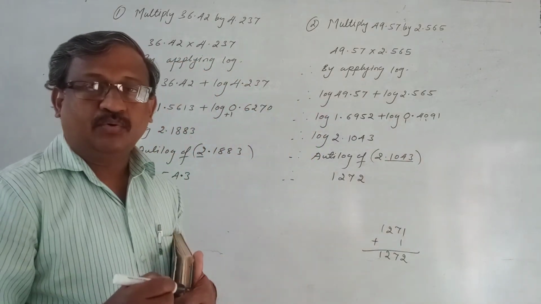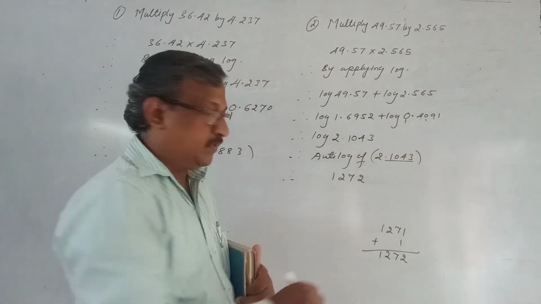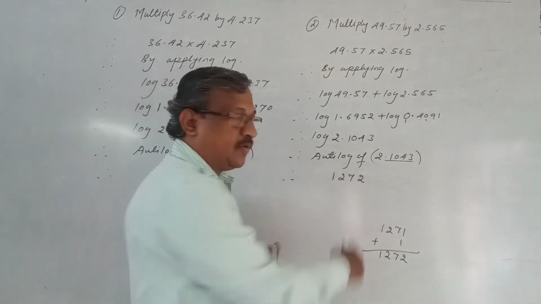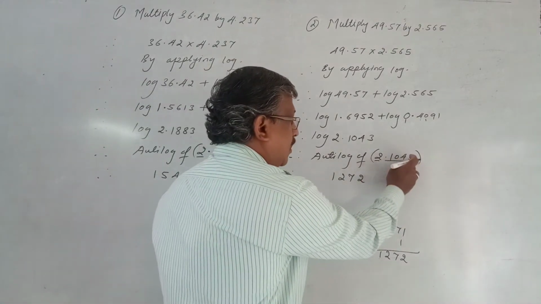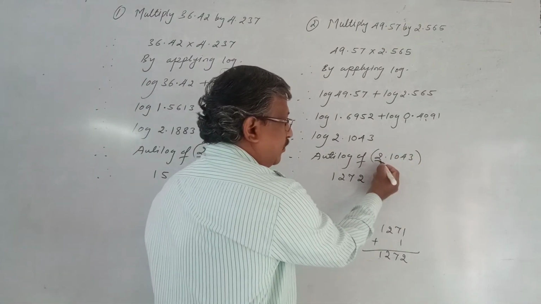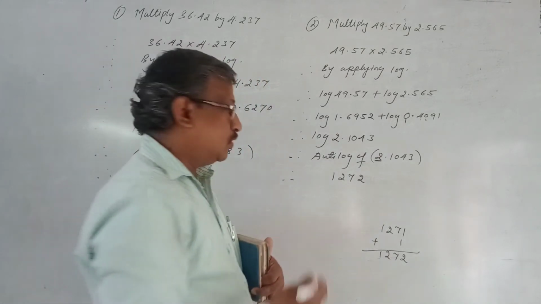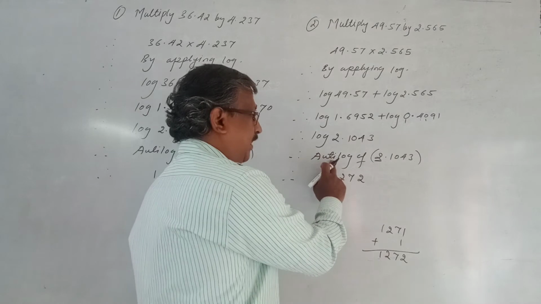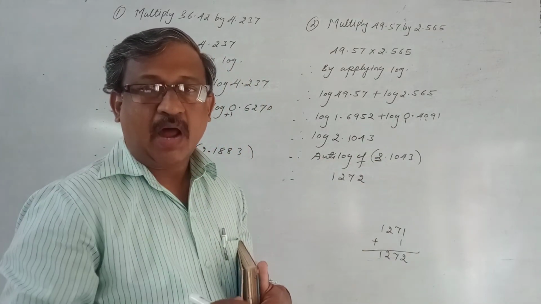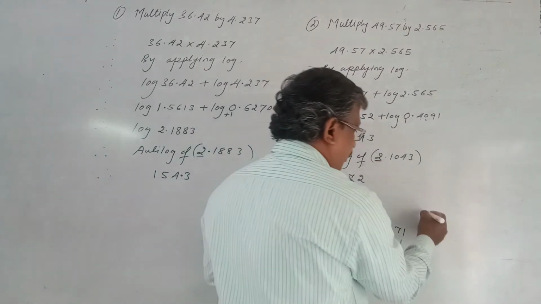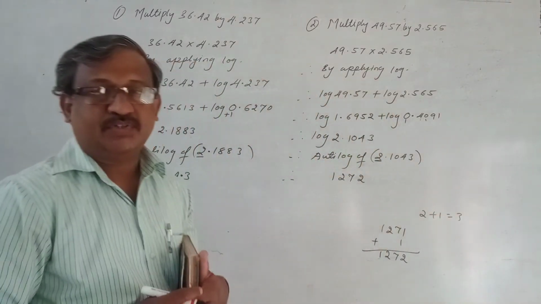And now you have to give the decimal point. My question is where to place the decimal point, whether after 1, 2, 7 or after 2. To decide that, you have to refer to the characteristic. What is my characteristic here? Plus 2, it is positive. So the rule says, while seeing the anti-log, if my characteristic is positive, always 1 we have to add. The characteristic is 2, in that you add 1, so it becomes 3.